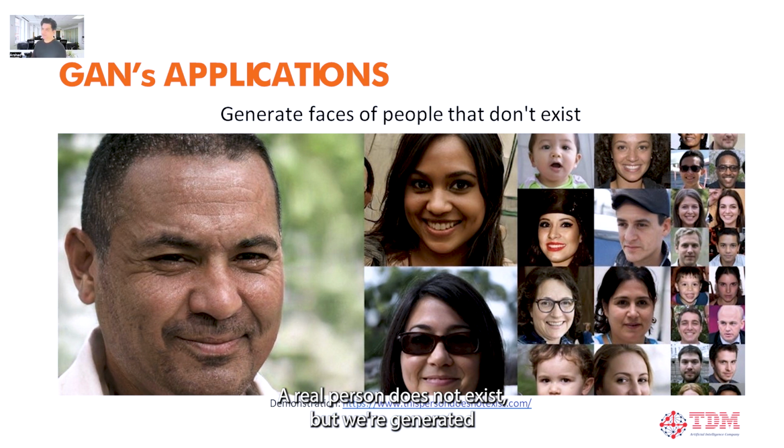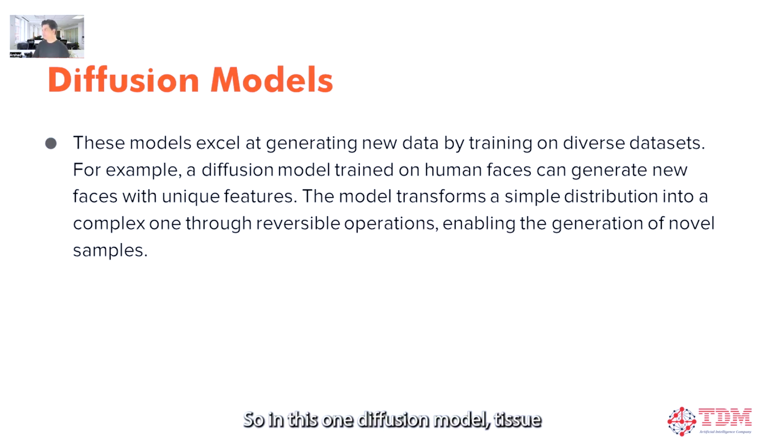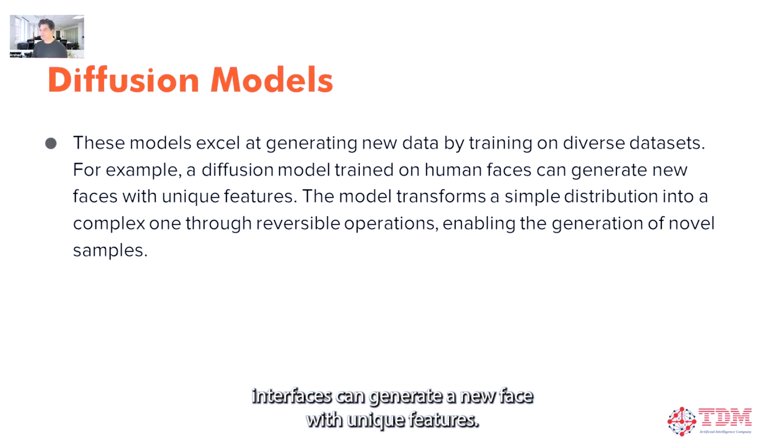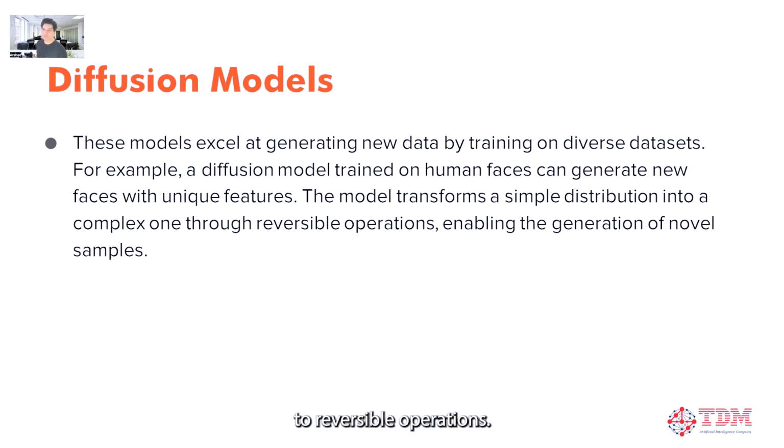A real person does not exist, but with generator and discriminator in a diffusion model competing, you can have a person who does not exist. In this one, the diffusion model trains on human faces and can generate a new face with unique features; the model transforms a simple distribution into a complex one through reversible operations. So this is diffusion models.